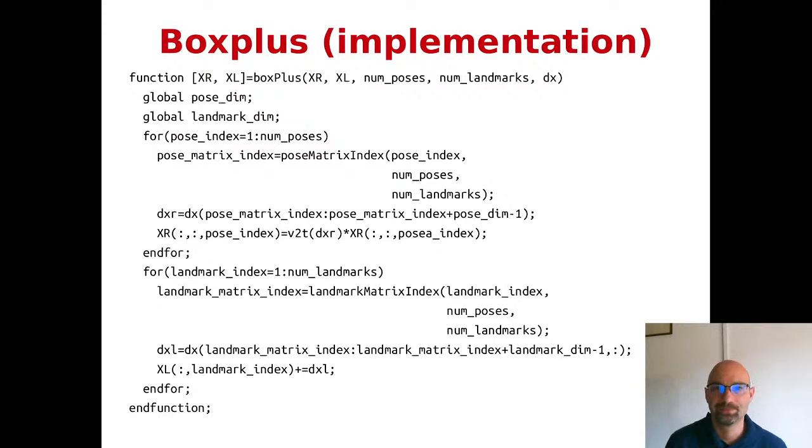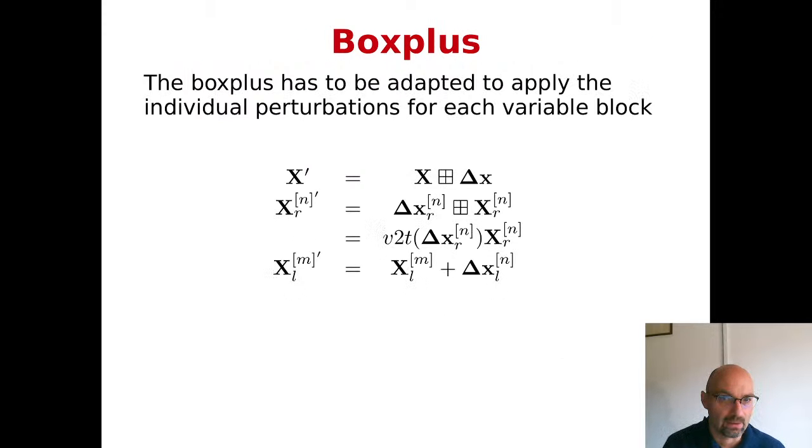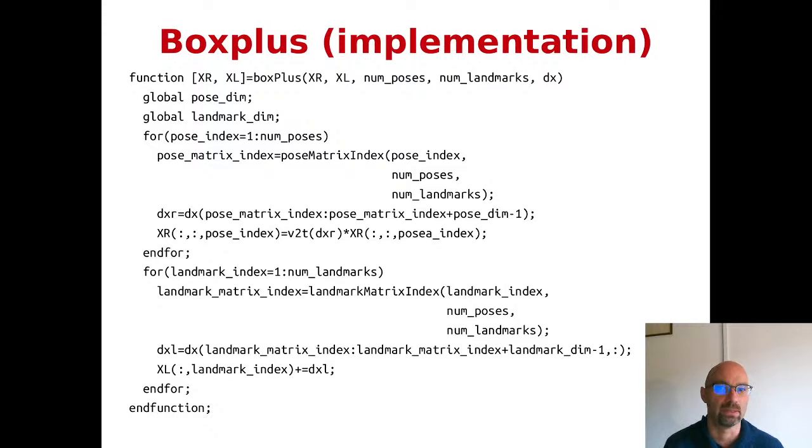Okay, so having described how to calculate the box plus, we see how to program it. The box plus will be a function that takes our state, which in Octave is represented by these matrices organized in an array, XR the robot positions, and XL the landmark positions, and takes the dimensions of our problem, num poses and num landmarks.